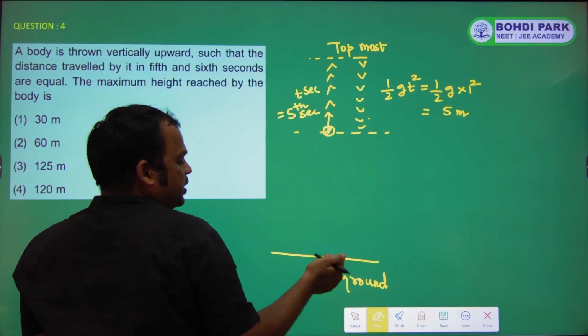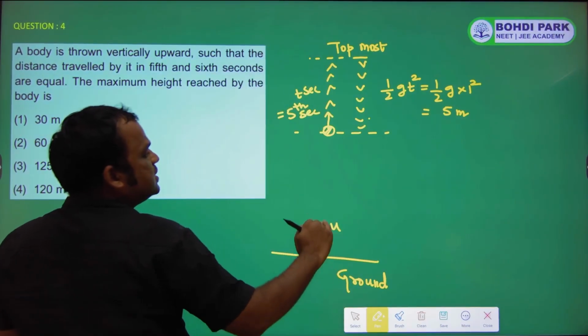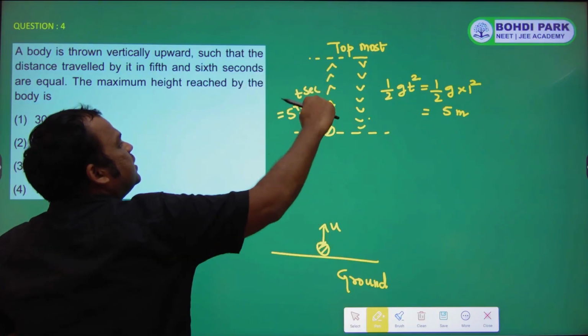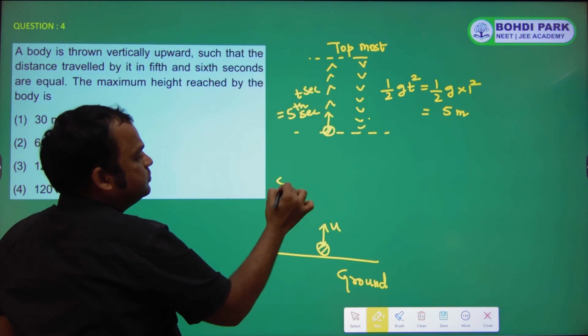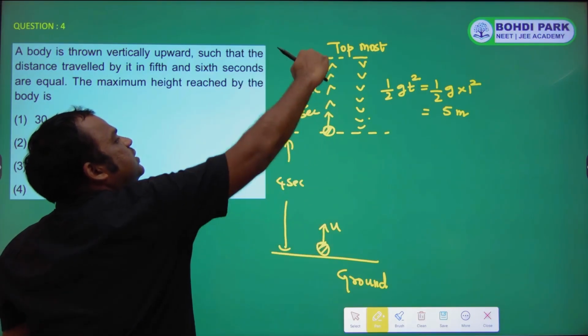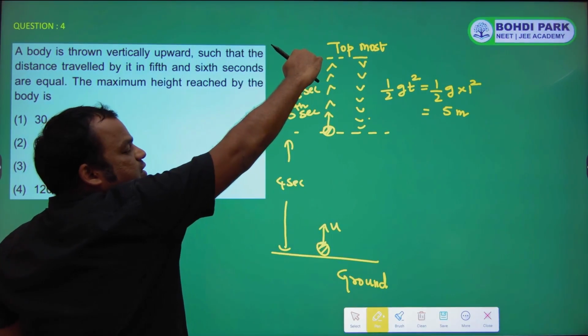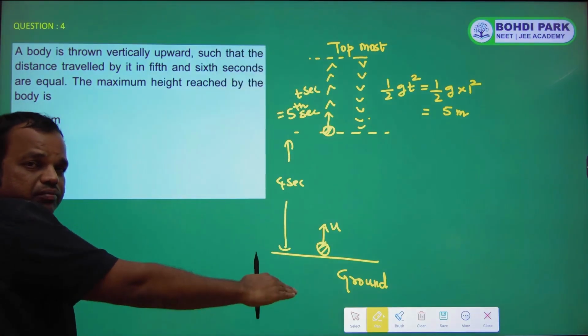Both are equal. So if it is thrown with velocity u, it is taking total 5 seconds to reach the topmost point. 4 seconds plus one more extra second, so that is 5 seconds. So again it will take 5 seconds to come back.